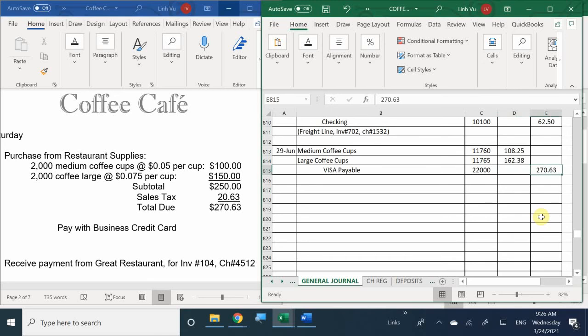Okay, let me add these numbers together. Boom. 270.63. Okay. So what's my description going to say? Restaurant supplies, 2,000 medium cups, 2,000 large cups.